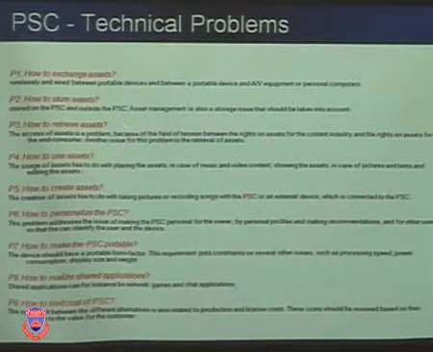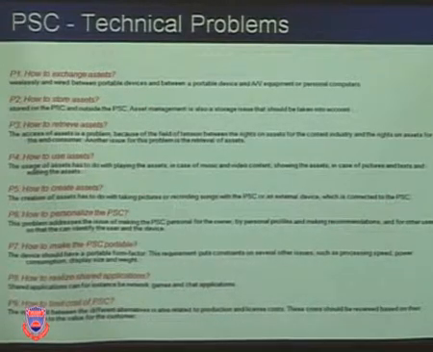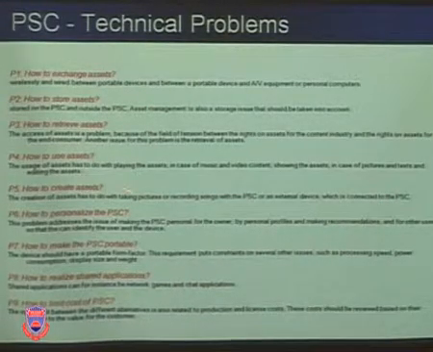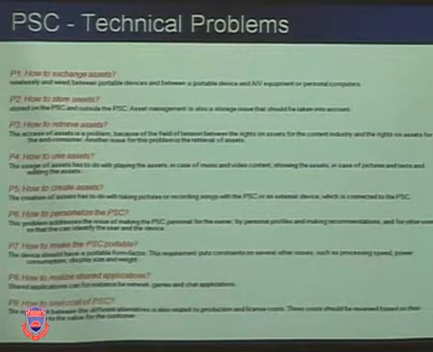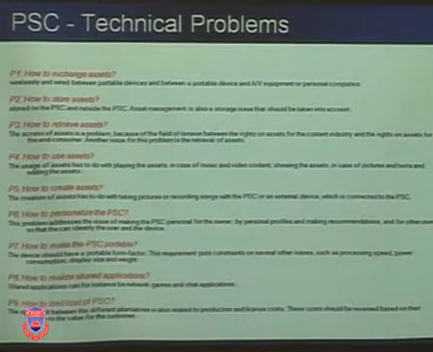In this case, we had how to exchange assets, how to store assets, retrieve assets, how to use, how to create assets, how to personalize the PSE, how to make PSE portable, how to realize shared applications, how to limit cost of PSE. And this was typically based on by looking at quality concerns. This is example problems.